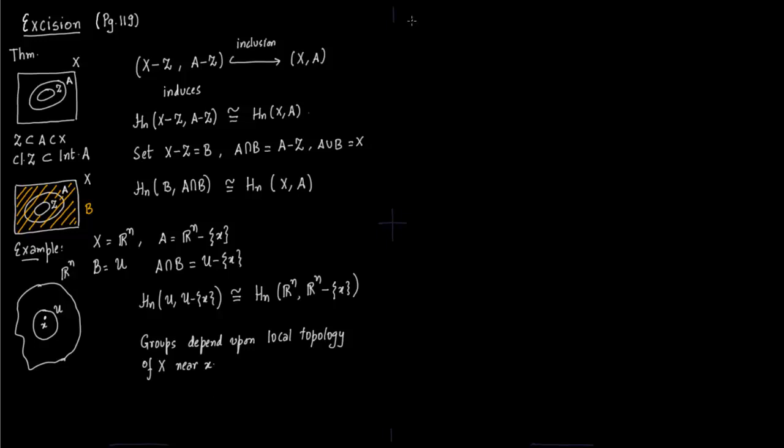Now let us talk about a proposition. So we want to discuss the proof of a proposition. This you can find on page 124 of Hatcher. So you start with a good pair (X, A). That means A is a deformation retract of some neighborhood in X. So you have a quotient map going from (X, A) to (X/A, A/A).